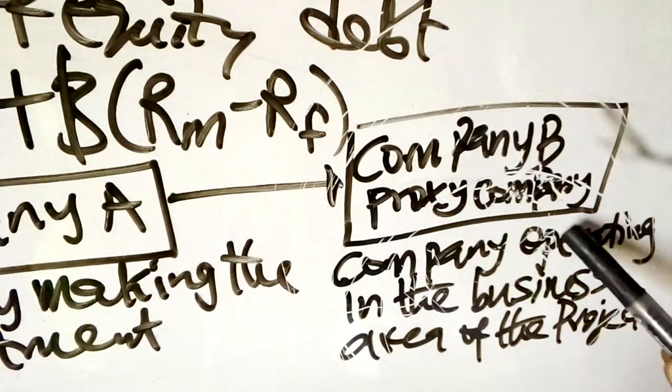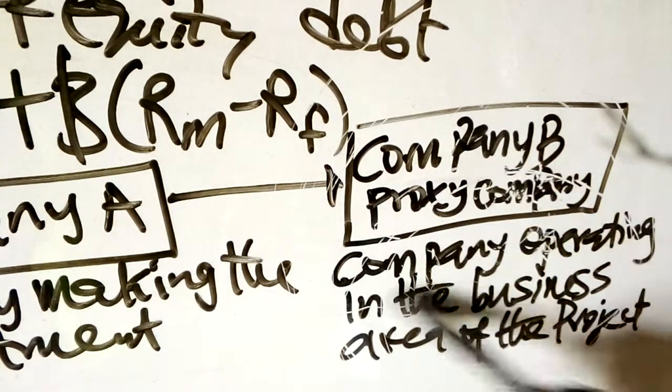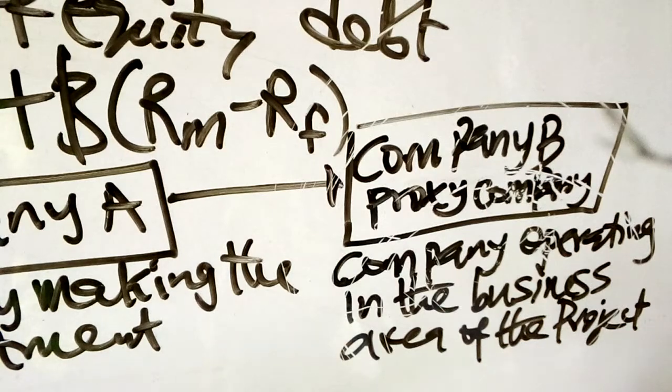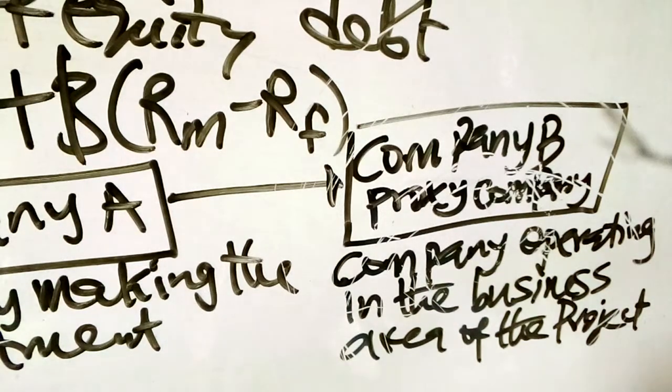I told you that company B is the proxy company. You will need to degear the proxy company to obtain the asset beta.